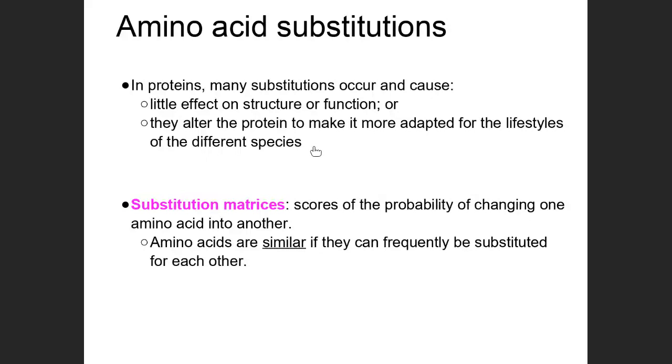So when we substitute amino acids, the protein can do something different or just break and not do whatever it's designed to do. We use something called a substitution matrix to look at the probability of one amino acid changing for another. The amino acids that are similar, they substitute for each other frequently.